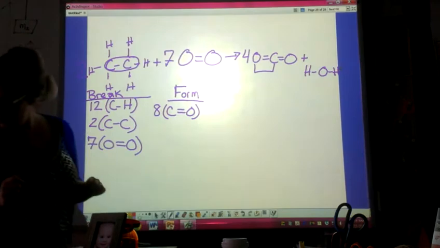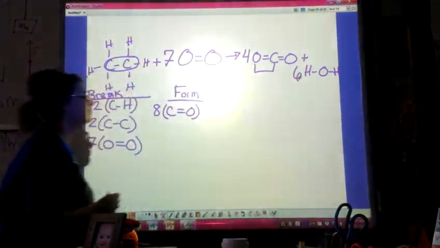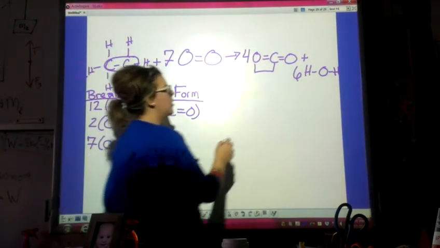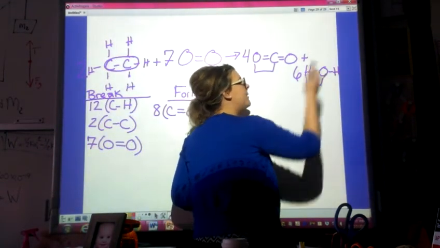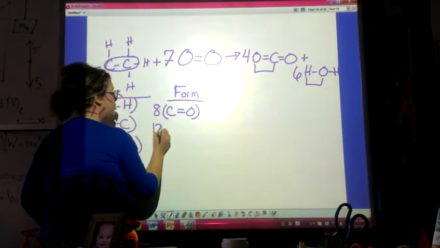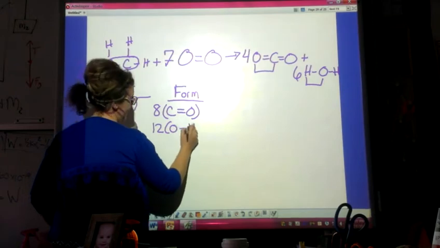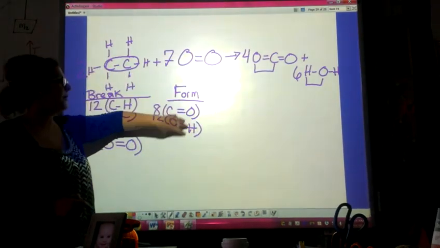And then I have 6 of those. So since I form an oxygen-hydrogen bond, but I form 2 of them for every water molecule, it's really like I'm forming 12. So then I have 12 times whatever the oxygen-hydrogen bond enthalpy is. So this is what I'm breaking, this is what I'm forming.